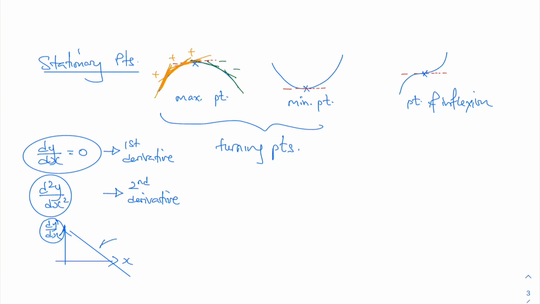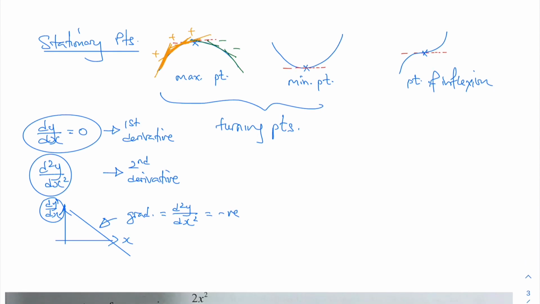So the gradient of this graph is actually d2y by dx squared, because you are differentiating dy/dx with respect to x. So it's the second derivative. And the gradient of this graph is actually negative. So if I may add, for a maximum point, d2y/dx squared is actually a negative value.